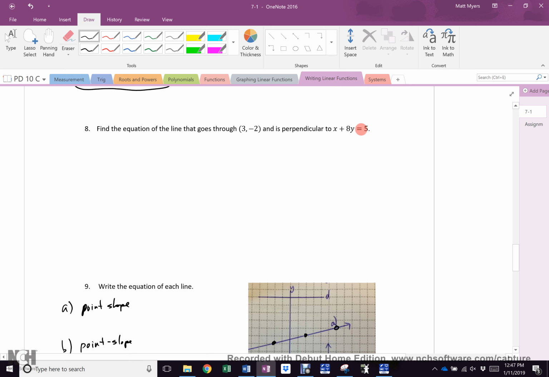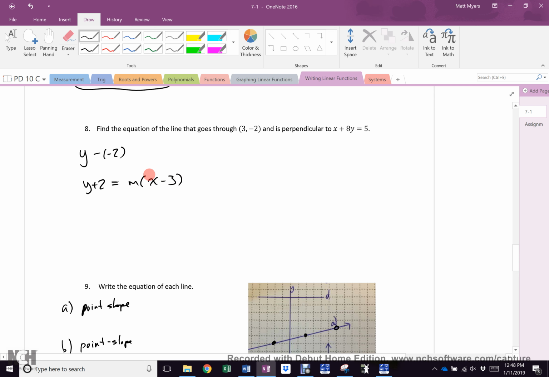Now, you all want to go back and do this one? Because everyone was stressed. Y minus what? Y minus minus 2, which we would write as y plus 2 equals mx minus 3.